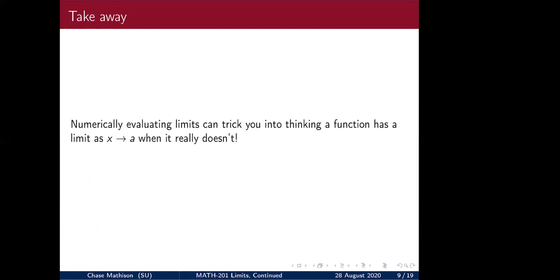That's the key takeaway from that last example. Admittedly, that example is a little bit contrived, and you wouldn't really see that in the wild. But you do need to know that if on an exam I'm trying to trick you, you need to be able to spot the trick, right? So know that wildly oscillating functions don't really have limits in that sense, okay?